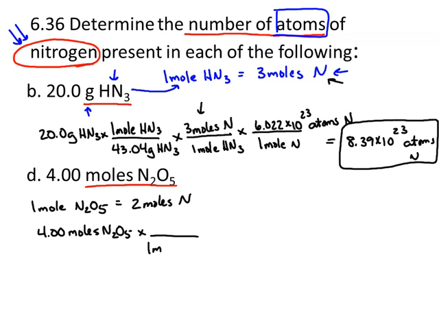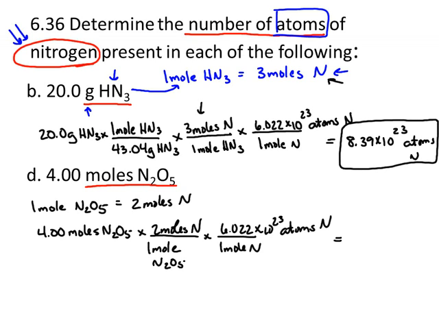So it kind of makes sense to do that. 1 mole of N2O5, 2 moles of N, and then I need to go to atoms. So 1 mole of N is 6.022 times 10 to the 23rd atoms N. Pop it into the calculator. 4 times 2 times 6.022 times 10 to the 23rd gives me 4.817, which is going to round to 4.82 times 10 to the 24th. And this is atoms N.